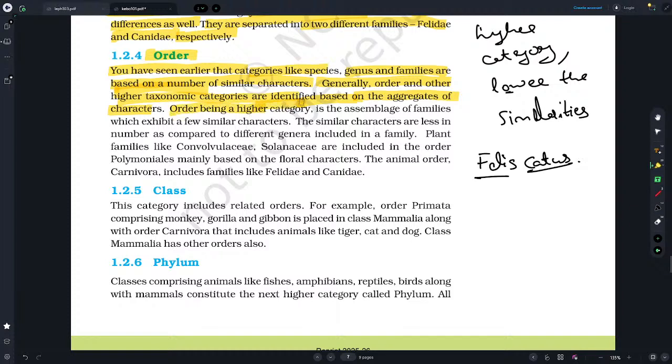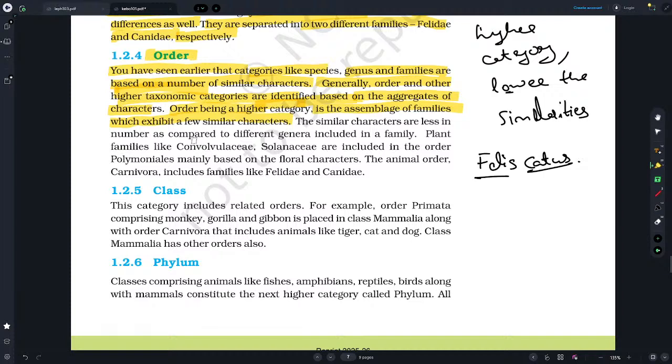Order, being a higher category, is an assemblage of families which exhibit a few similar characters. We defined a species as a group of individual organisms having the highest similarities, a genus as a group of species, a family as a group of genera, and now we define order as a group of families.